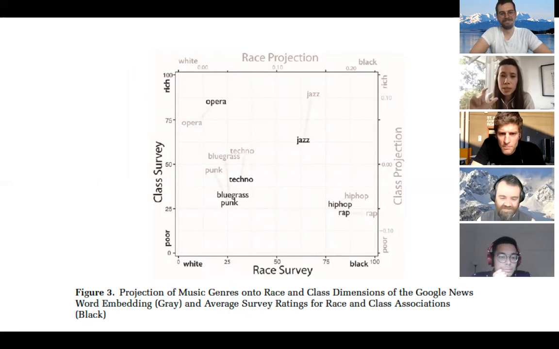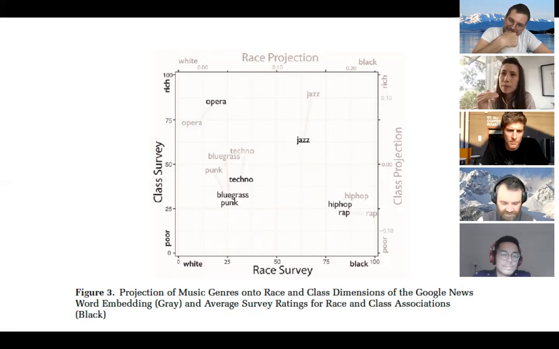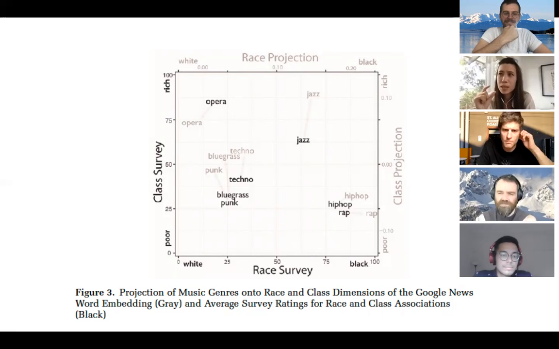And what you can see is, for the word opera, both in the survey and the word embedding model, the word opera is associated more strongly in the rich direction, and also in the white direction of race. Yeah, there is some deviation that you can see where the word embedding model rates opera a little bit more white and a little bit less rich compared to the Amazon survey.